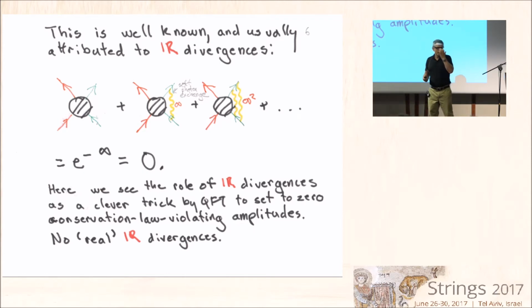So the moral here is that, at least as far as this kind of process, there are no real infrared divergences in QED. They're just a penalty that we pay if we are so foolish as to try to compute something that must be 0 due to an elementary conservation law.